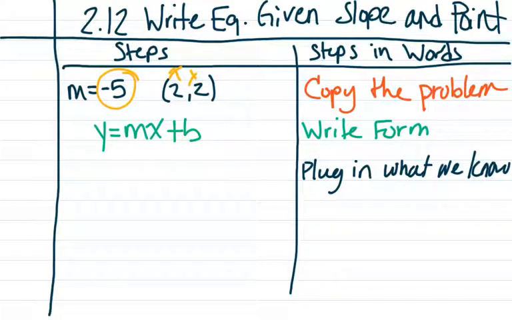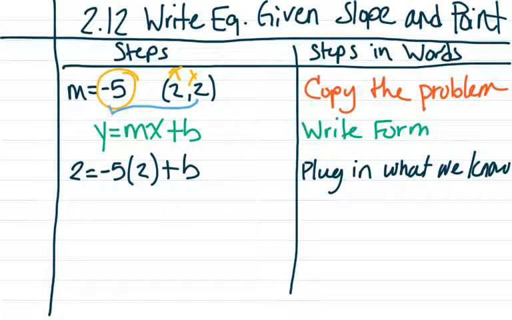So we are going to plug in, so we have our y is 2, so 2 equals, -5 is our m, so we place that. Replace x with 2 plus b. So the 2 went here, the -5 went here, and that 2 went there.